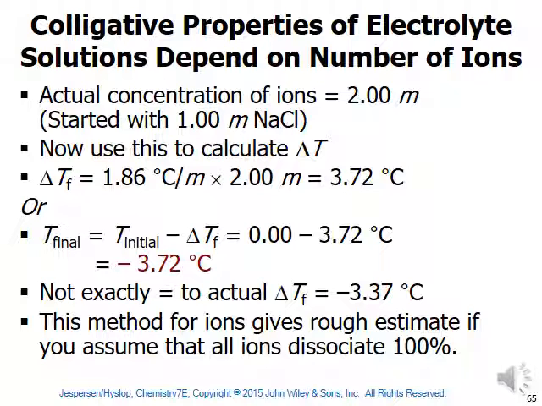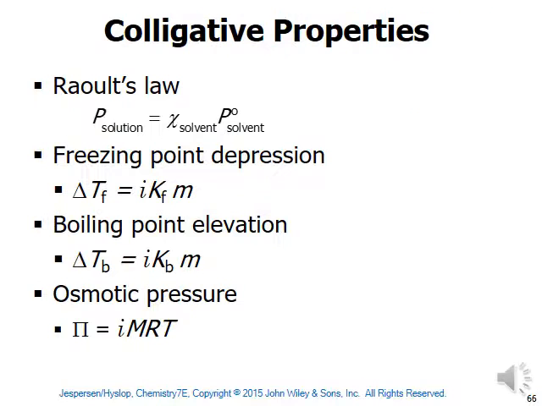And then, all right, we're going to wrap this up. The colligative properties depend on the amount of particles, not necessarily their chemistry. Though in the last part, we saw that it matters sometimes what we dissolve.